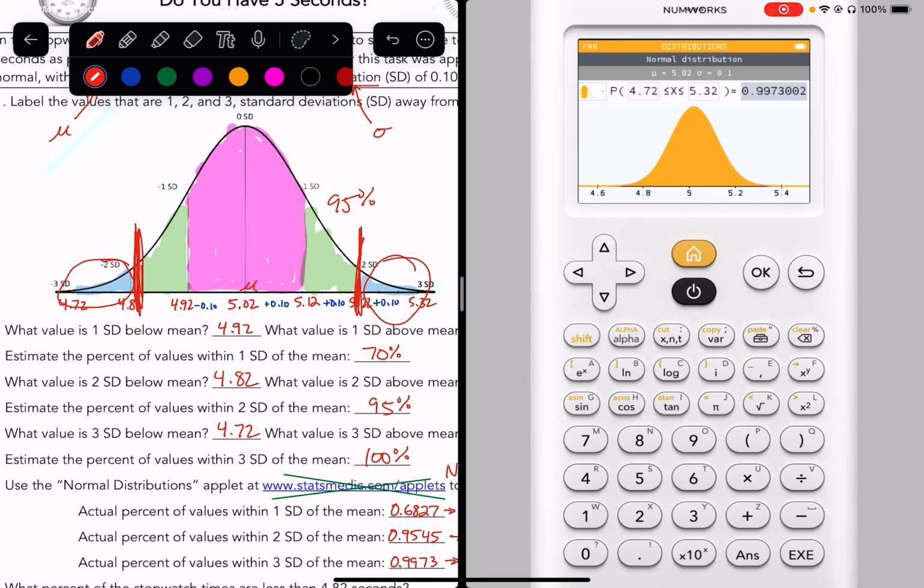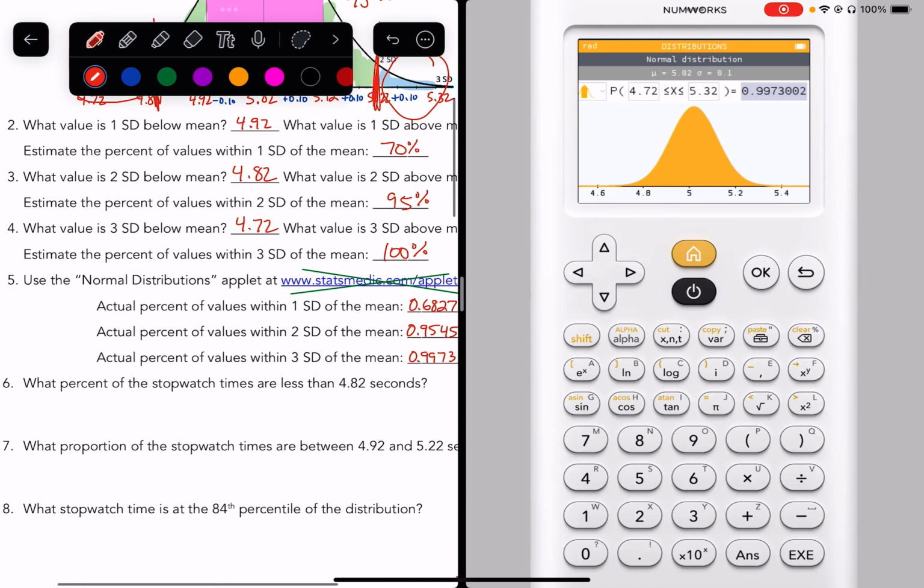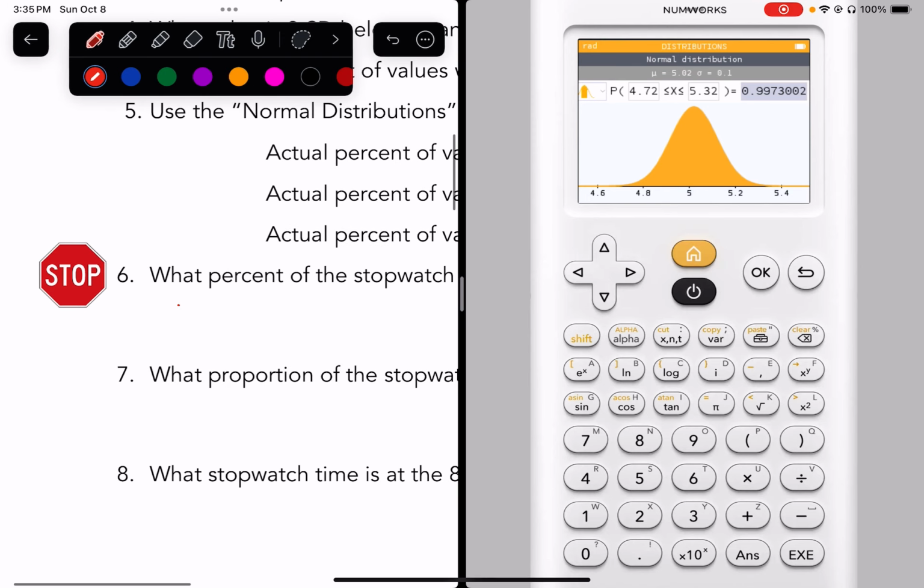If that's the 95%, then the two outsides have to make up the extra 5%, because 100% minus that middle 95% is 5%.